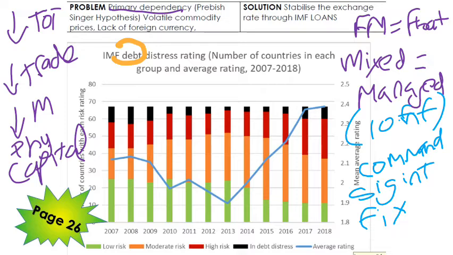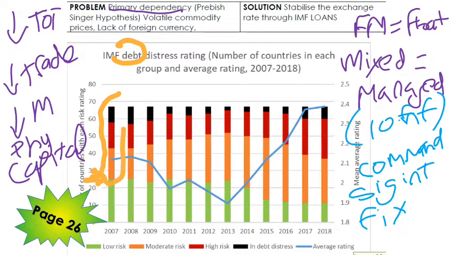At the bottom here you can see green's good and black is bad in terms of the extent to which debt is significant. So just before the Great Recession, you have a small number of countries that have significant debt risk, and then a large number of countries that have low risk, but a significant number of countries as well that have kind of moderate and high risk.